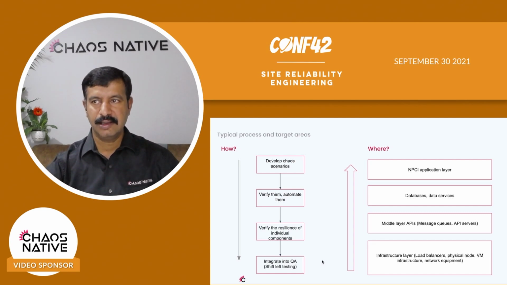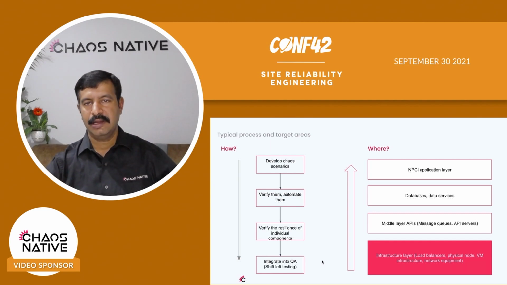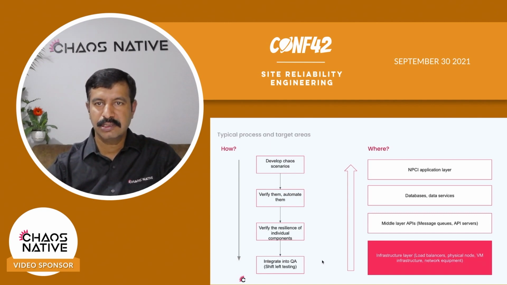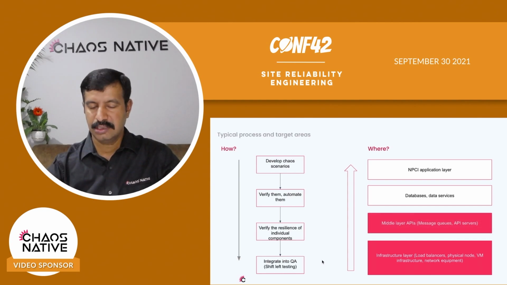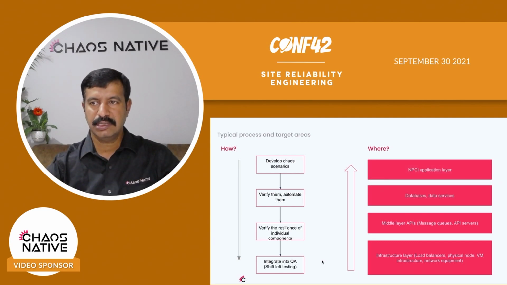Typically you start with the infrastructure layer, and it's the easiest most of the time. And then you go into your message queues or proxy servers like Kafka, etc., the middle layer API servers. And then you get into your databases, stateful applications, and then you will have your actual application layer itself.